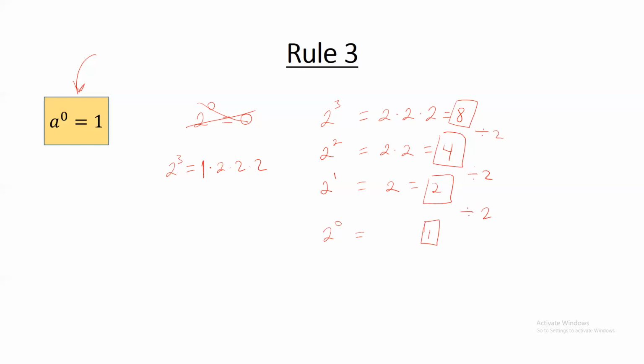It's equivalent to saying 2 times 2 times 2, but it does help understand why, as we keep going down in power, 2 to the 1st is just 1 times 2, 2 to the power of 0 is 1, and there are no more 2's to multiply by. The answer is just 1. It's basically 1 multiplied by 0 2's. We're not multiplying by any 2's at all. The answer is just 1.